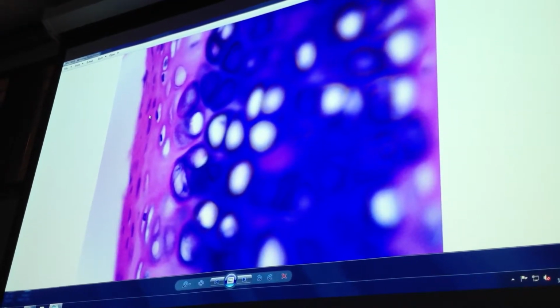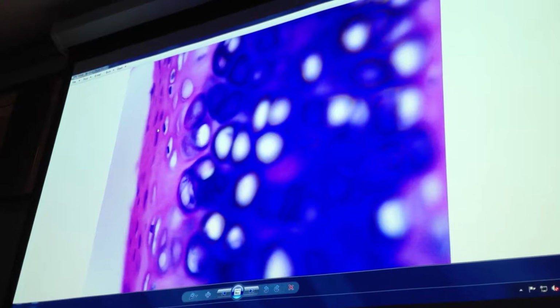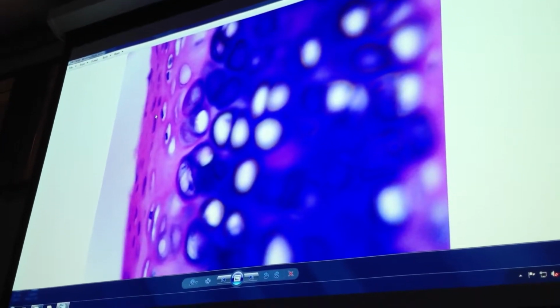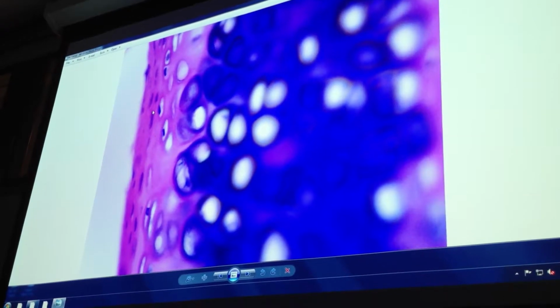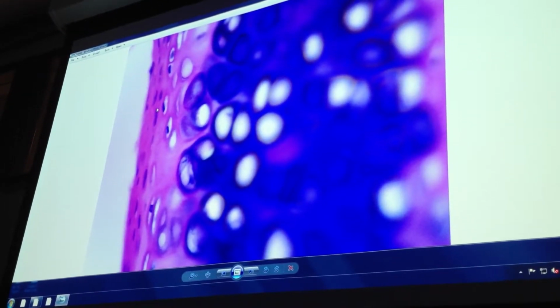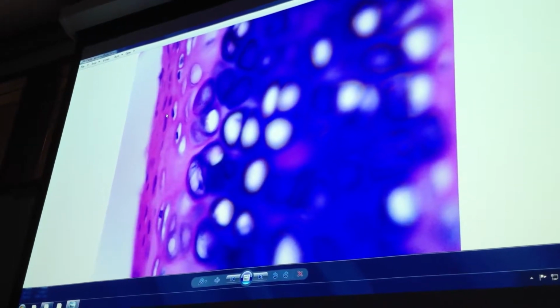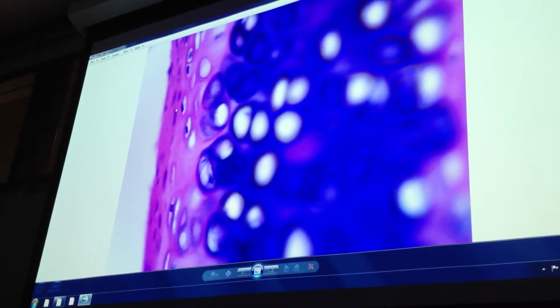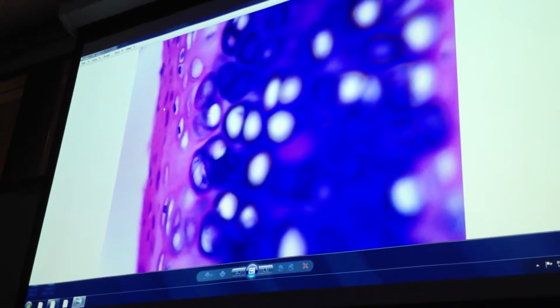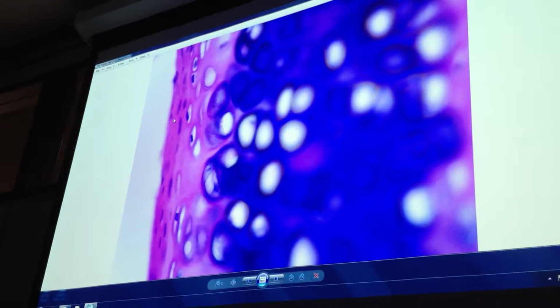What's that? What do we call that? On your diagram, when I drew it up here on the board, I had a name for that. Perichondrium.